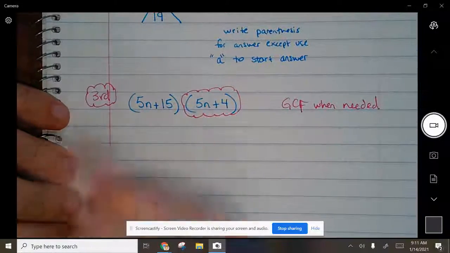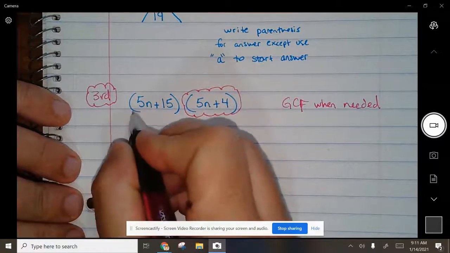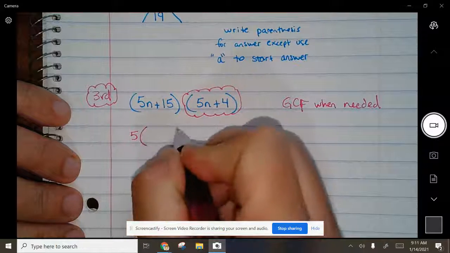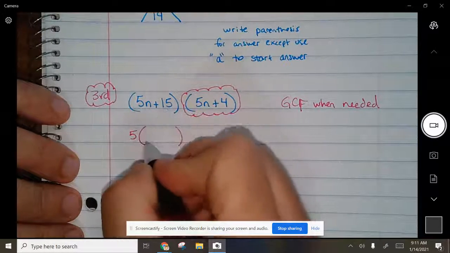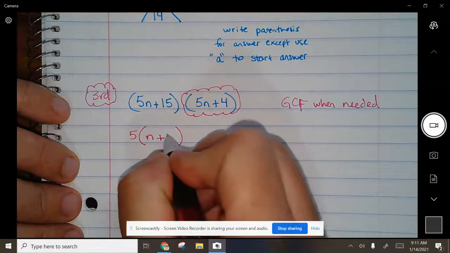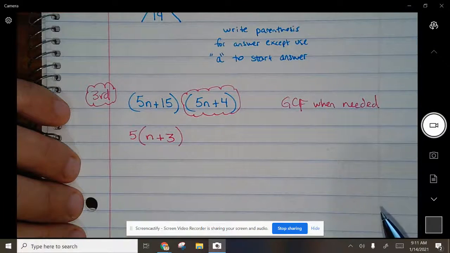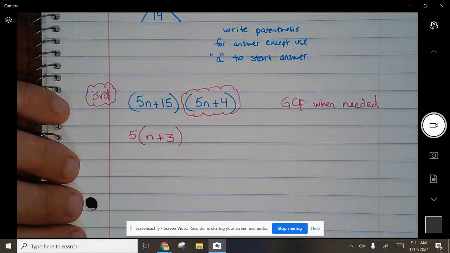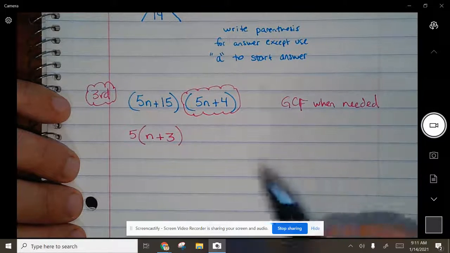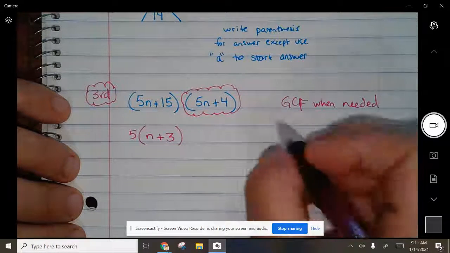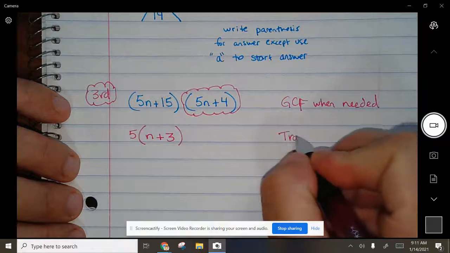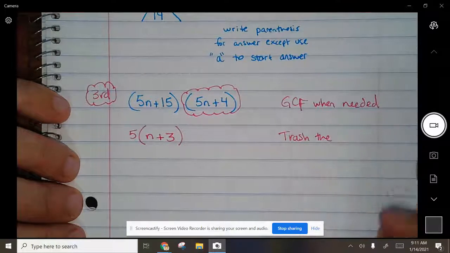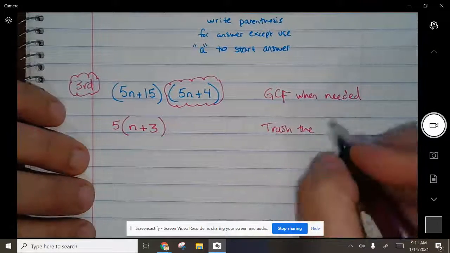But what about this one? Can't I take out a 5? It's pretty easy to see. 5 goes into both of these. So what's left? n plus 3, okay? 5 is out, n plus 3 is in. And guess what your final answer is? This is the fun part. This is where the trash can comes in. Trash the GCF.